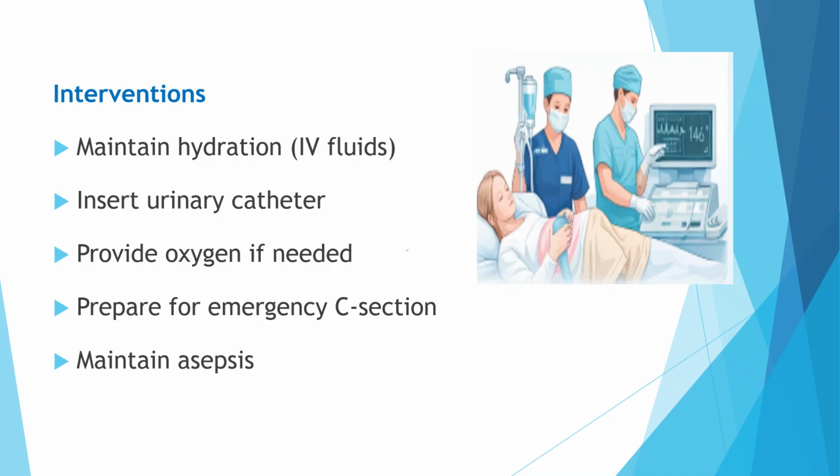If the baby or mother is in distress, we provide oxygen to improve oxygen supply. At the same time, we must prepare the patient for an emergency cesarean section, as this is often needed. And throughout all this, we maintain strict asepsis to prevent infection. So overall, nursing care focuses on stabilizing the mother, preventing complications, and getting ready for emergency delivery.